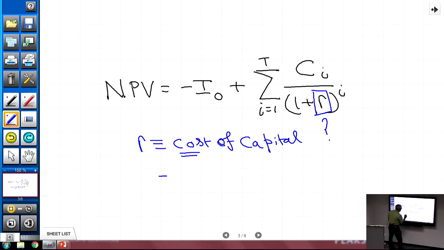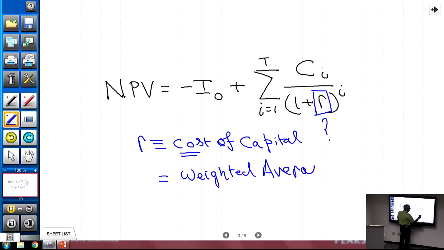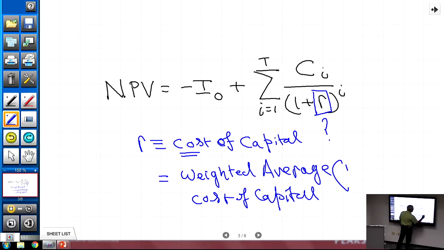So this cost of capital is called the weighted average cost of capital, or WACC.